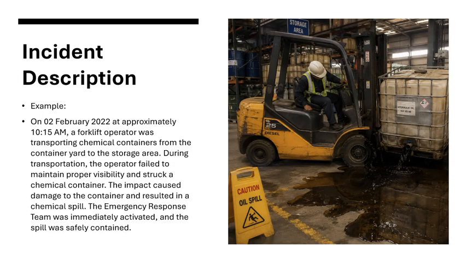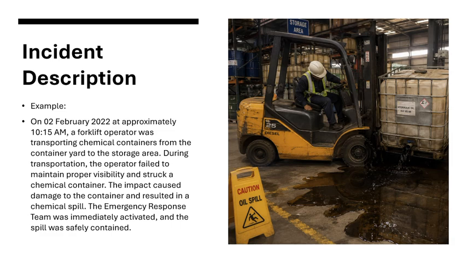As a safety officer, you can make the RCA report in the same way, with the incident description I already gave as an example. On 2nd February 2022, at approximately 10:15 a.m., a forklift operator was transporting chemicals from the container yard to the storage area.